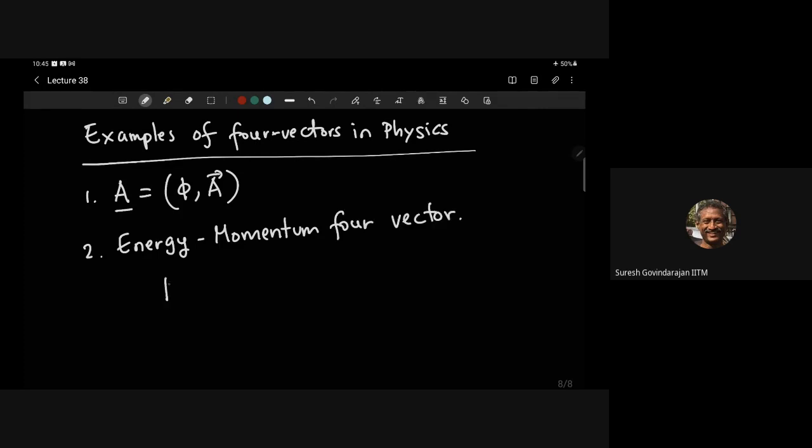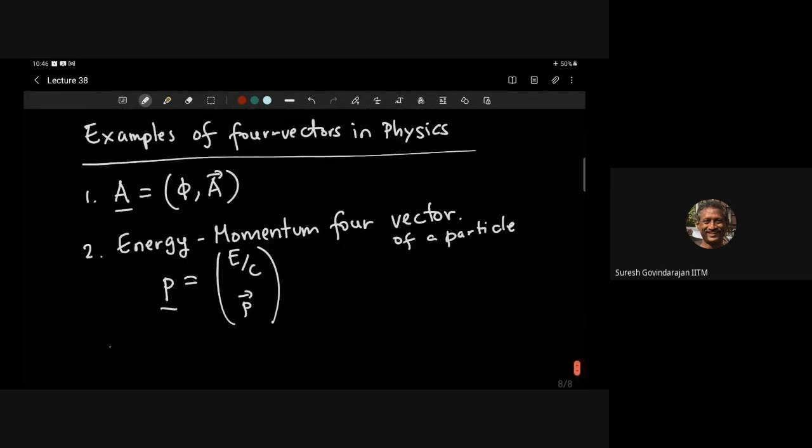We'll write that as p, lowercase p. The vector part is just the usual three vector for momentum of a particle. Dimensionally I have to divide E by c, so that E over c and the momentum have the same dimensions.